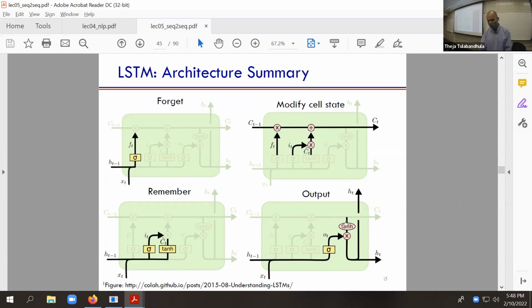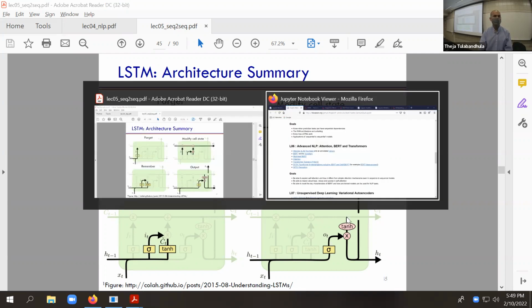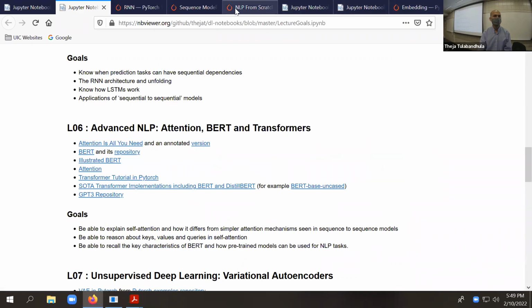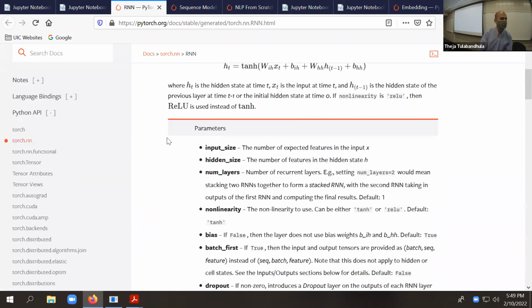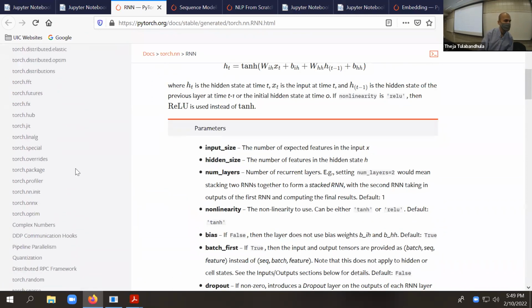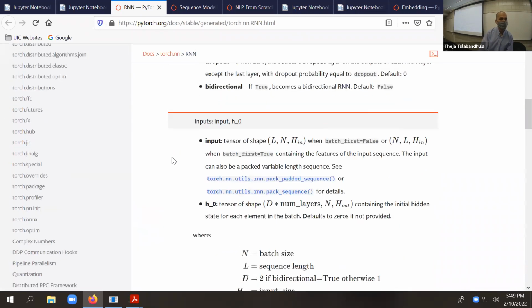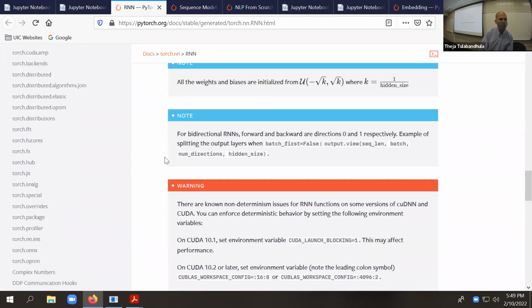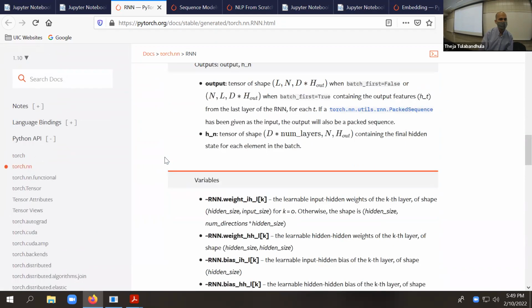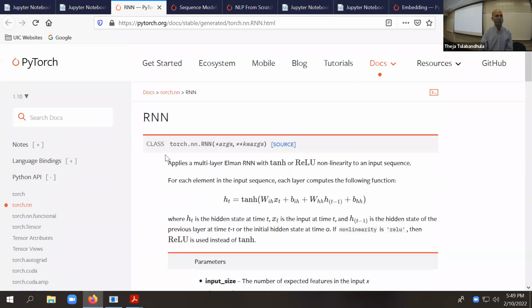I think the one implemented in PyTorch... actually, let's see. Let me see if there's an LSTM link here. Okay, I don't see the LSTM version.